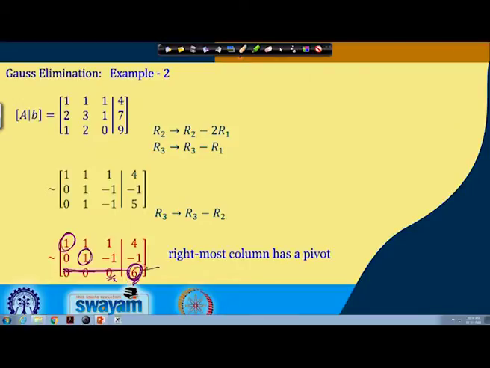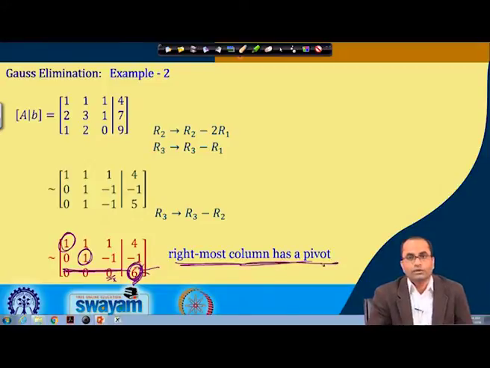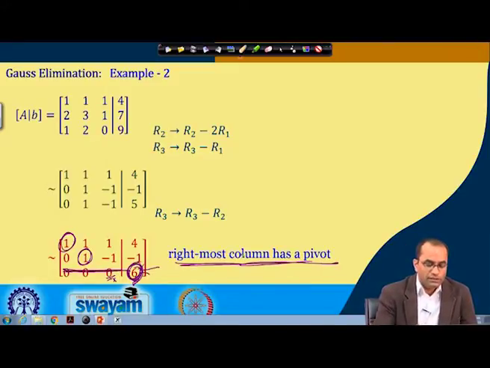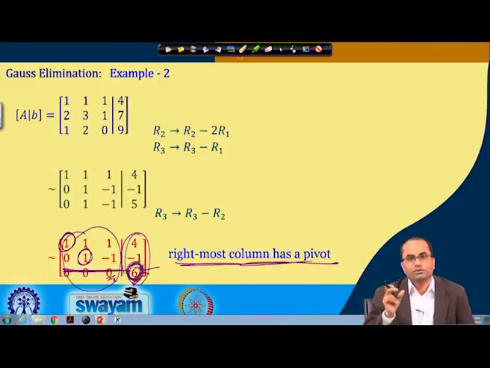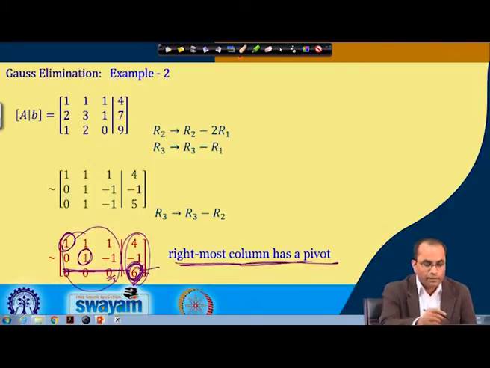So, the rightmost column has a pivot, which is exactly the case of inconsistency, where the system has no solution. This should not happen. The pivot should be there in this main matrix here, not in this rightmost column, which corresponds to the right hand side vector b.